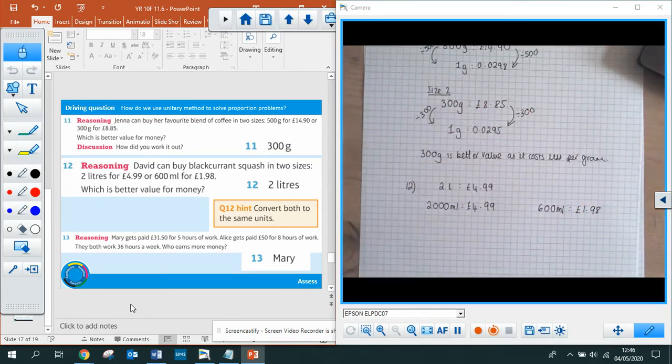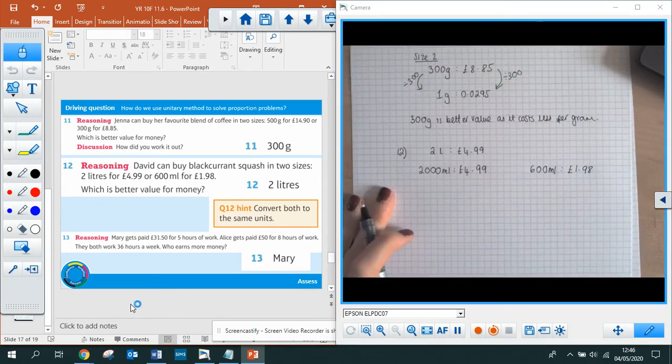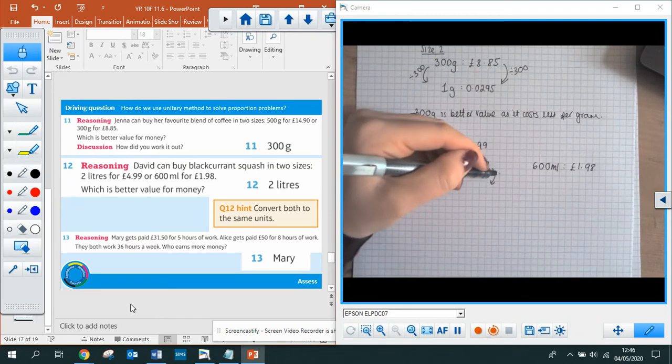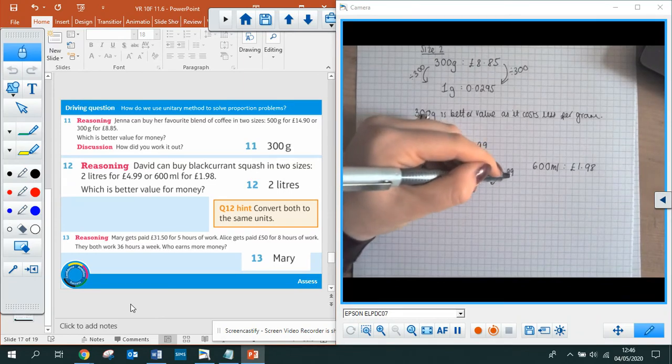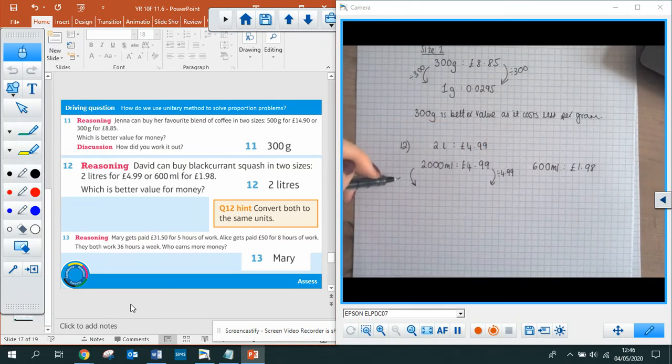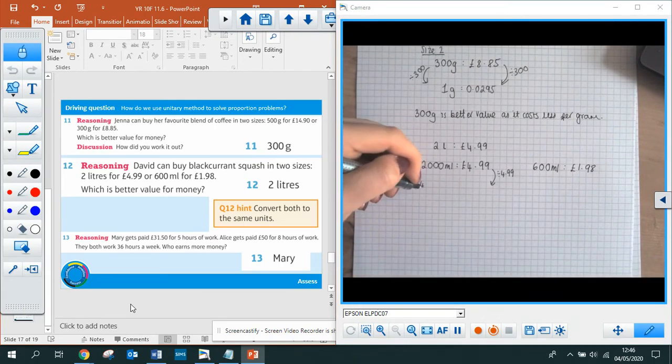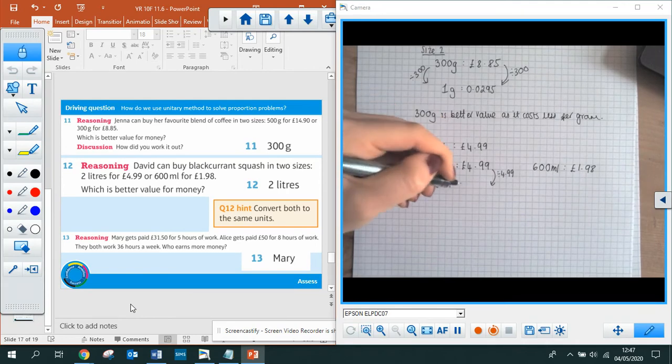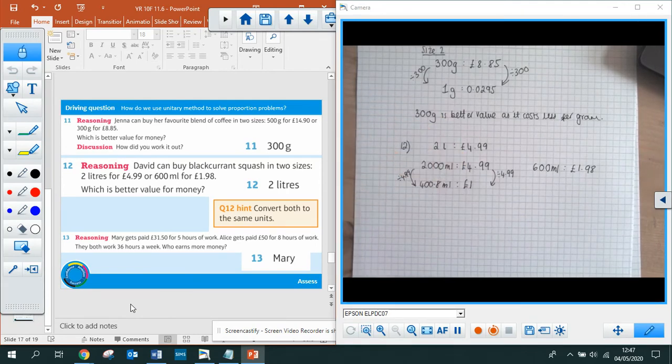Okay, this time I'm going to work out the amount per pound, and I'm going to do that by dividing by £4.99. So divide both sides by £4.99, and I'll work out how much I get per pound that I spend. Okay, so 2,000 divided by £4.99 is 400.8 millilitres, and that's per pound.